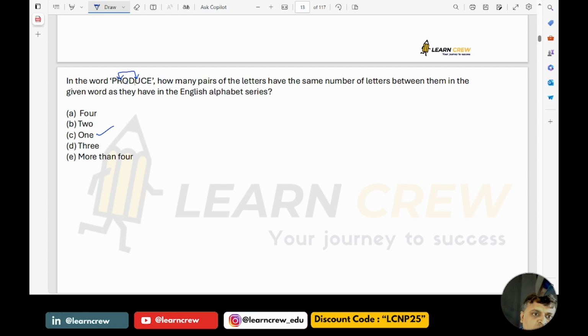So there is only one pair, R comma U. Between them you have two letters here, and in the alphabet also you will have two gap.